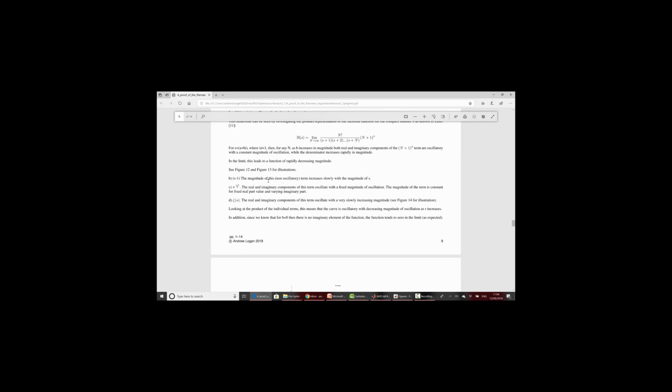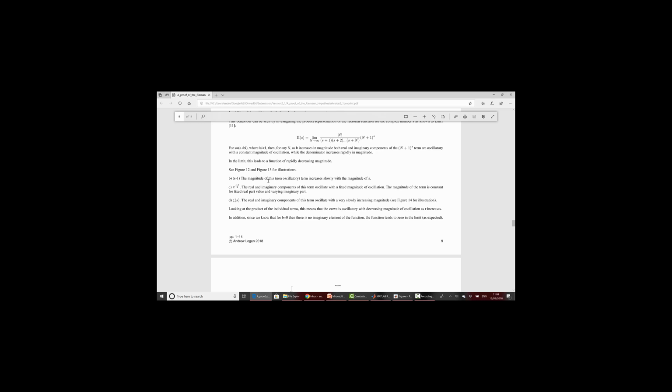If we look at those individual components, we've seen the factorial function earlier, so we know that it's a decreasing in magnitude, oscillatory about 0 function. The s minus 1 linear term, magnitude decreases slowly. Pi to the minus s over 2, constant magnitude, oscillatory components, fixed magnitude of oscillation, and the zeta function.